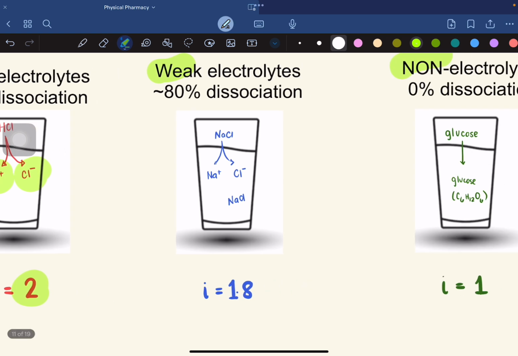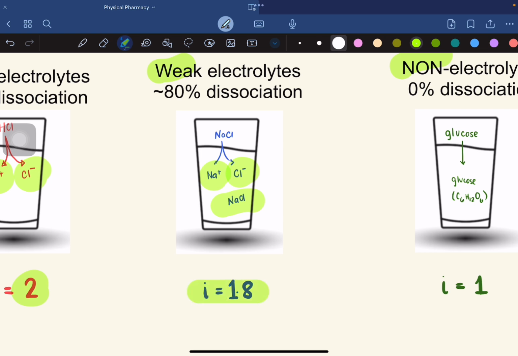Your weak electrolytes naman, it will only dissociate at around 80%. Meaning, for example, sodium chloride is a weak electrolyte. So when sodium chloride dissociates, only 80% will become sodium and chloride, whereas the remaining 20% will still remain as sodium chloride na buo. That's why its I, or your Van Hoff number, will be 1.8 lang.